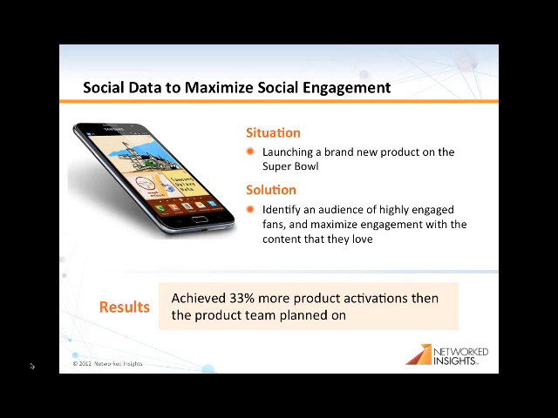What artist, what song, what celebrity, how should they show the product, how can they capitalize on social, what kind of length. And what did drive for them as a result was achieving more product activations than they had planned on, 33% more activations than they had planned on. So a great business result there as well.